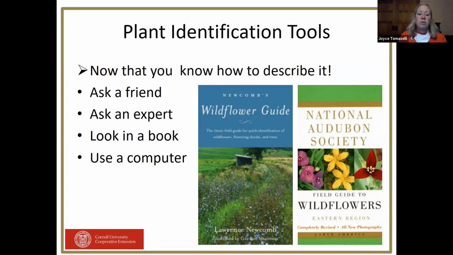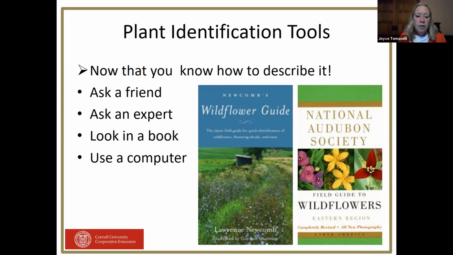And then we teach them terms like entire or crenate or lobed, and you get to do it a second time, and you realize how much more detail you have that you can actually try and draw.